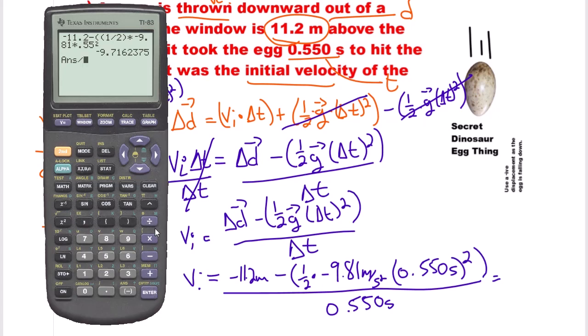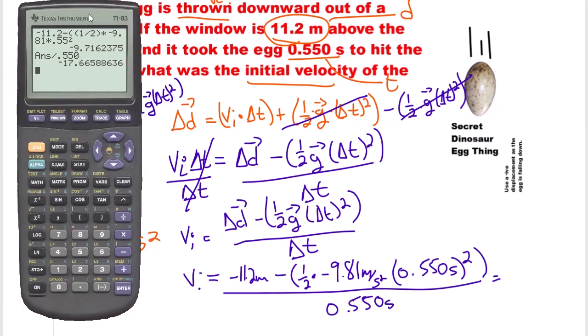Then all of that we're dividing by 0.550, and that gives us negative 17.6 meters per second. This is the initial velocity.